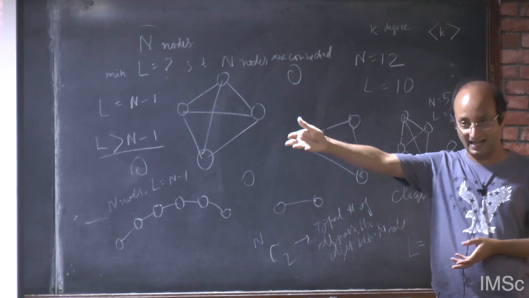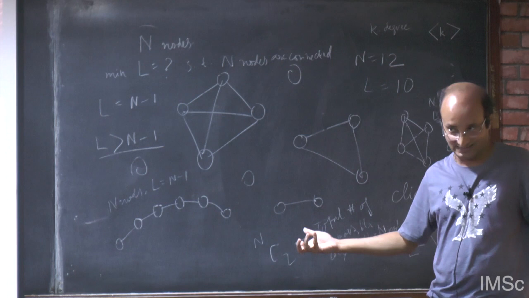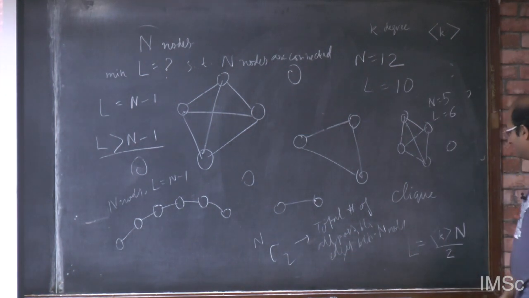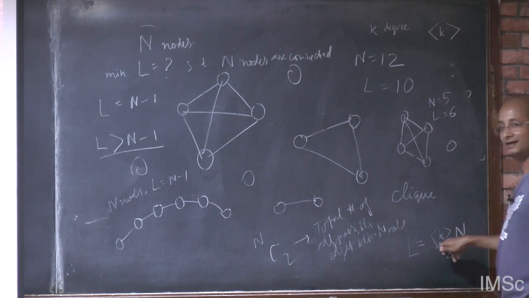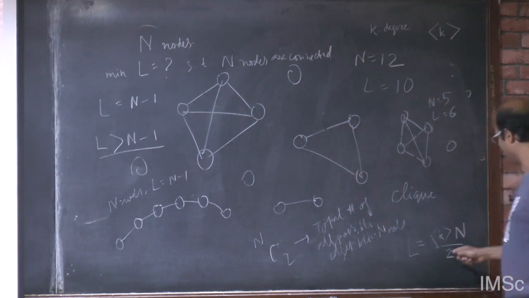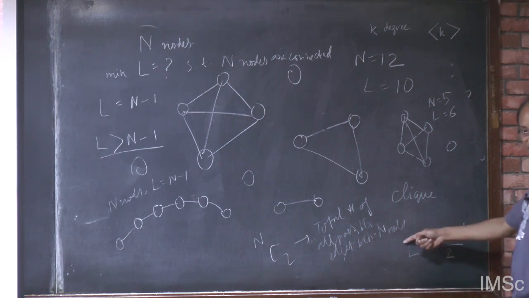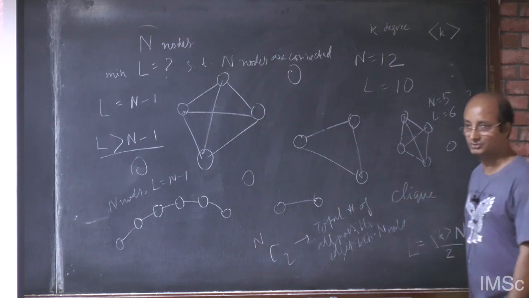Every edge is counted twice when you're looking at the number of connections that a node has. So that's why you have to consider this factor of half, and so this gives you a relation between L, N and average degree. Now given the L and the N, I can work out the average degree simply by using this relation. So again, this would tell me that the average degree is around 2.